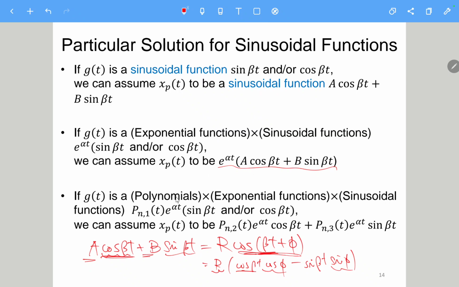And then if it is a polynomial times exponential times sinusoidal, so this is an nth order polynomial times the exponential, and then times cosine and/or sine, you can also assume the particular solution to be the nth order polynomial multiplied by the exponential e to the alpha t, and then also multiplied by cosine and sine. So we don't have a, b here because we already absorbed a and b into the polynomial, so we don't write a, b there.